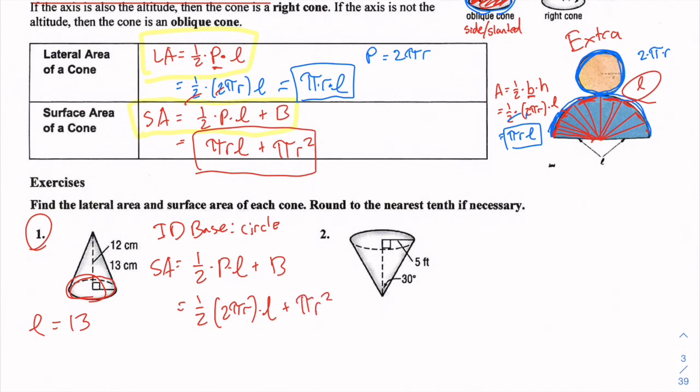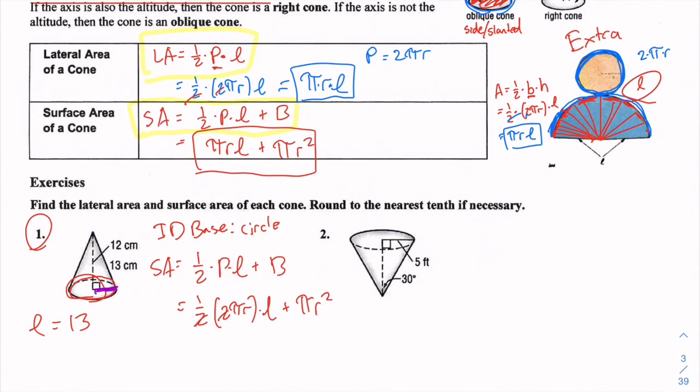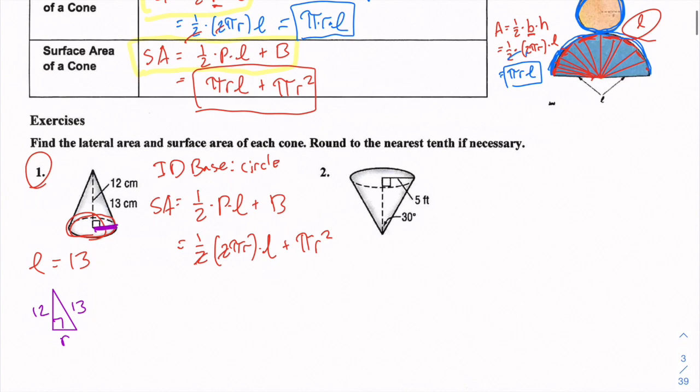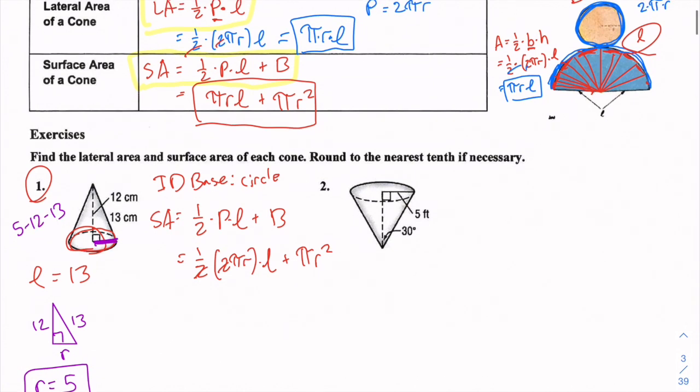And right now, let's cancel out the 2's. How do I find the radius? Oh, this is the radius here. Draw out the triangle. Radius, this is 12, this is 13. Do a little Pythagorean theorem, or if you're math savvy and remember that it is a 5, 12, 13 triangle, then you know radius is 5.